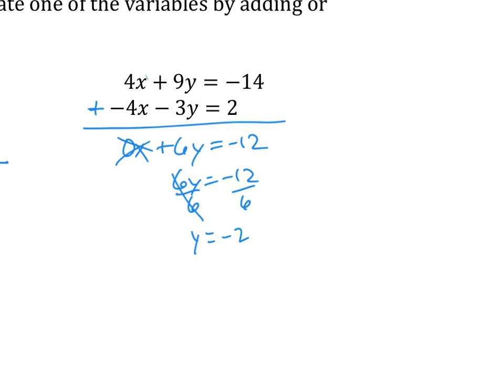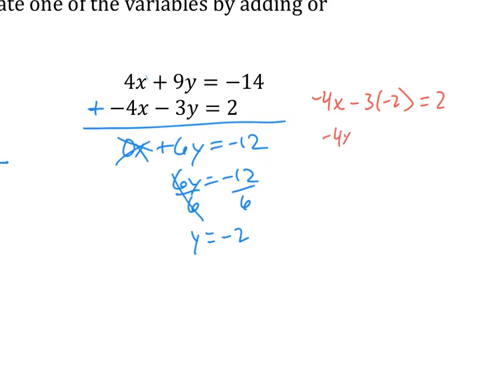Okay, and now we can take that negative 2 and substitute it back into one of our equations for y to solve and to find the value for x. So let's plug this back into our second equation. We have negative 4x minus 3 times negative 2 equals 2.